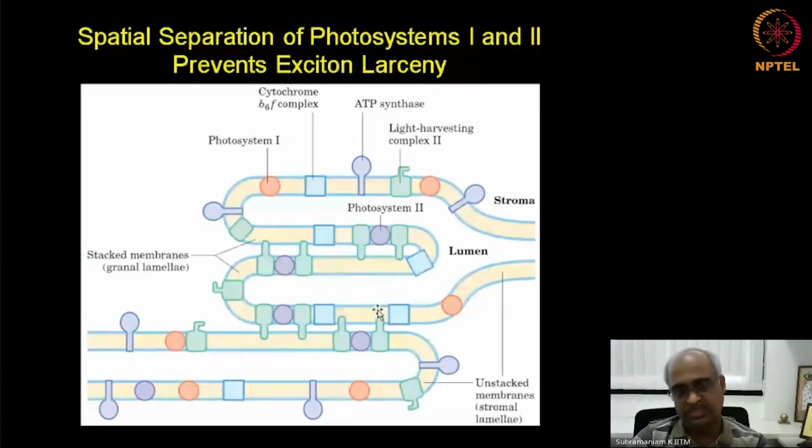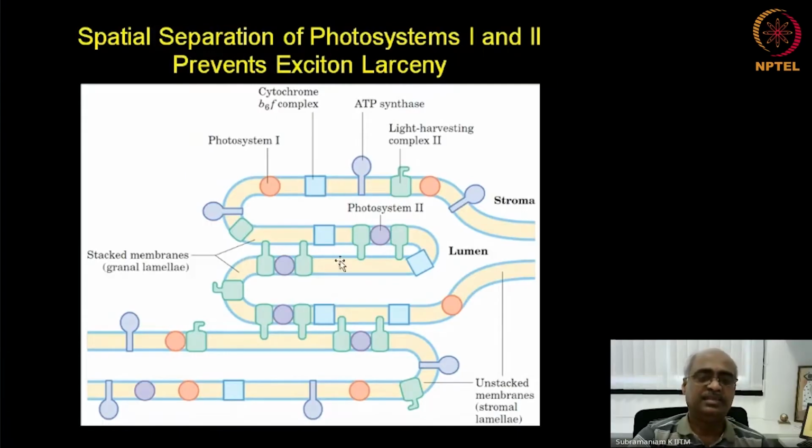by this asymmetric distribution. So photosystem 2 is present tightly in the stacked regions of the thylakoid membranes in this granum-like structure. And this tight appressing of these membranes is mediated by the light harvesting antenna of photosystem 2 itself.